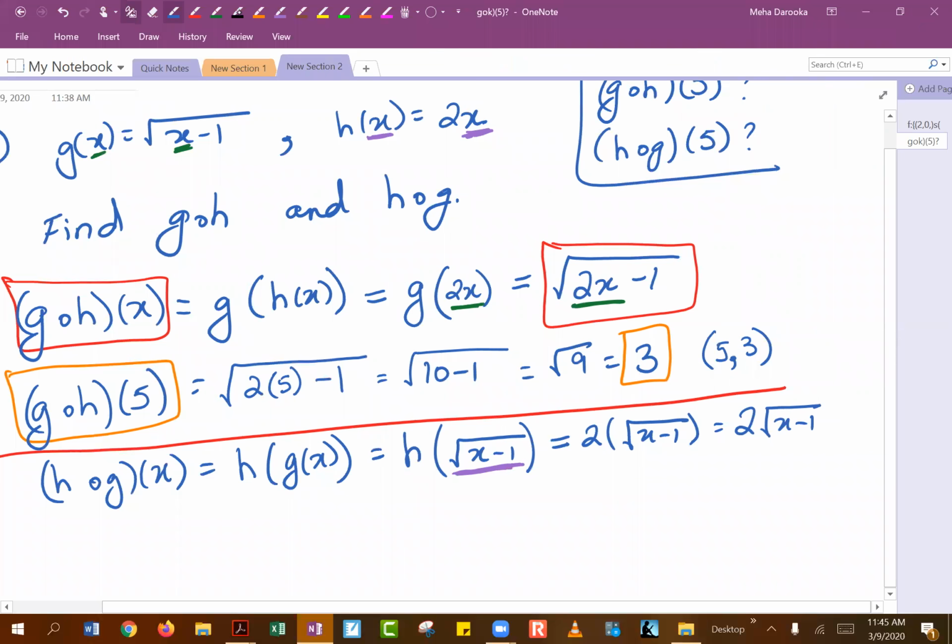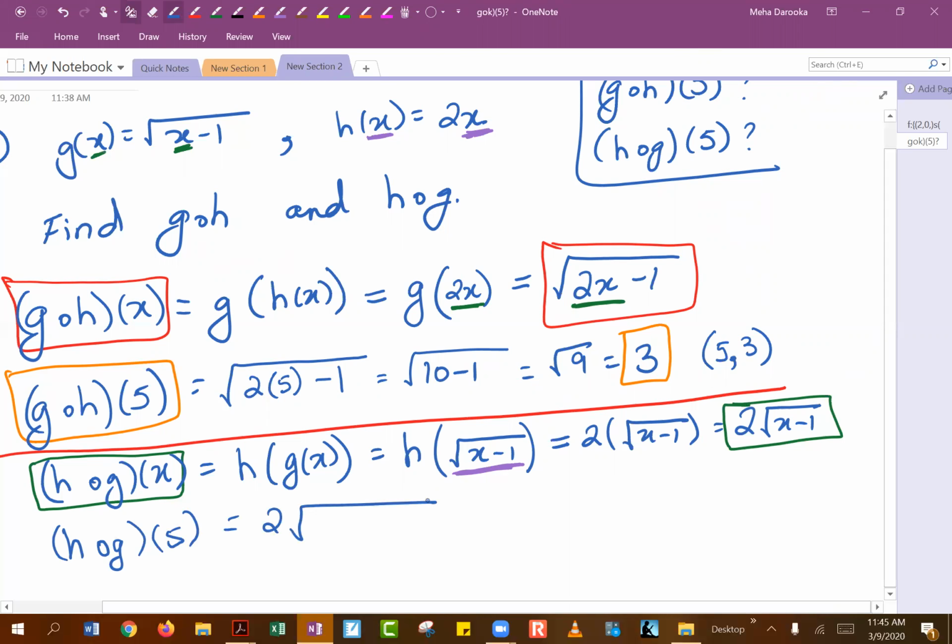Okay, then you plug in 5 for x. So this is our answer. 2 on the outside, square root of 5 minus 1, which is 2, and 2 times 2 is 4.